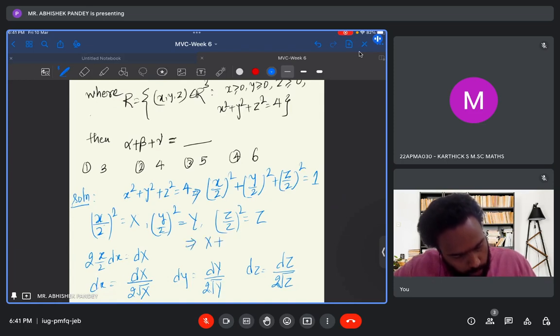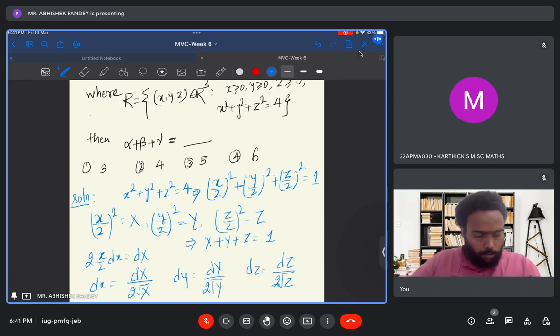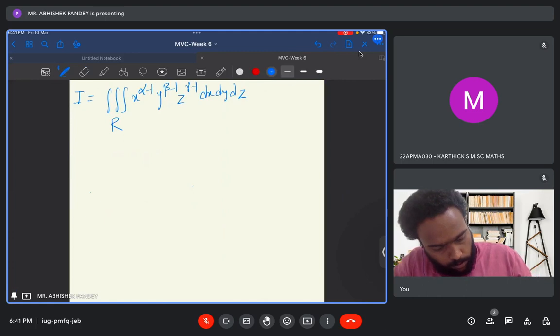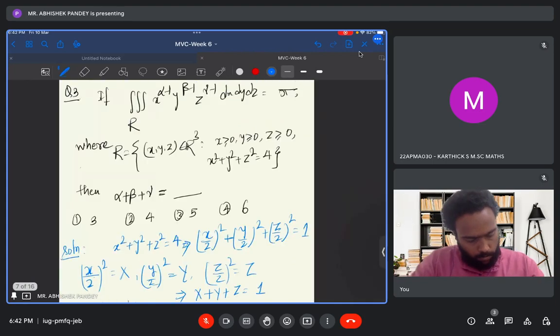With this one you will get x plus y plus z is equal to 1. So here your x is 2 root over x, y is 2 into root over y, and z is 2 root over z.